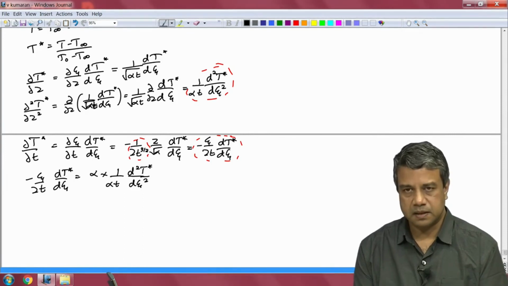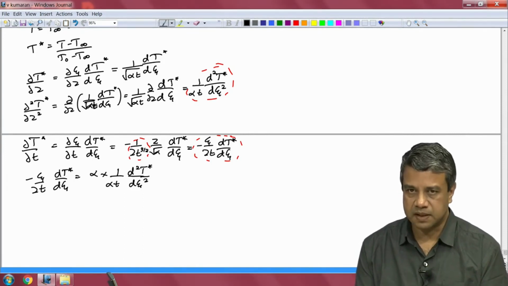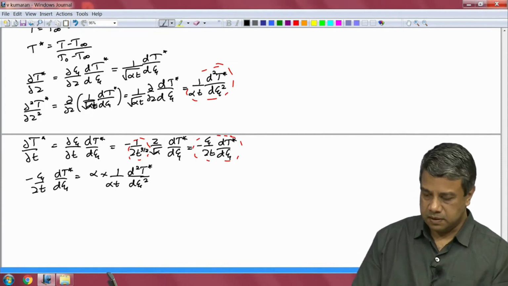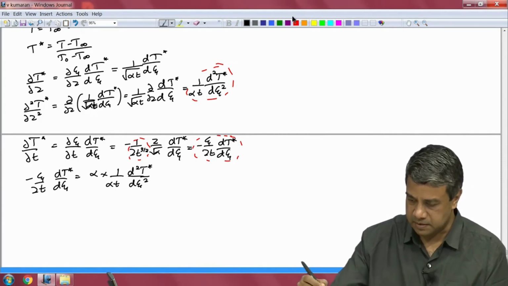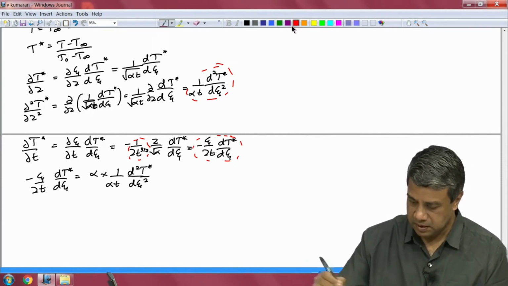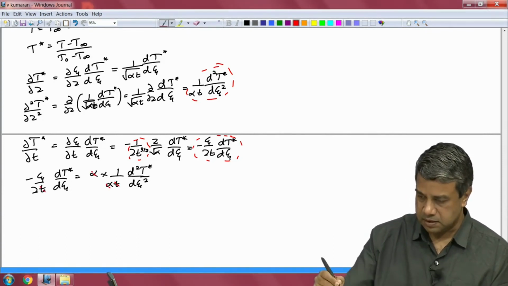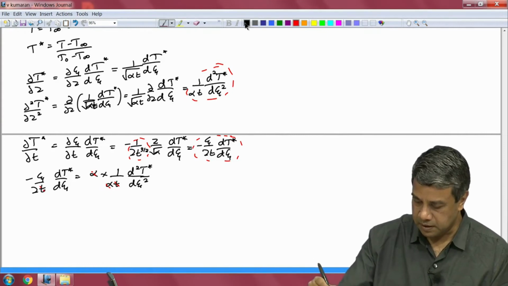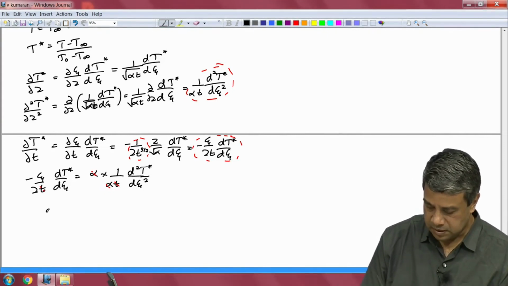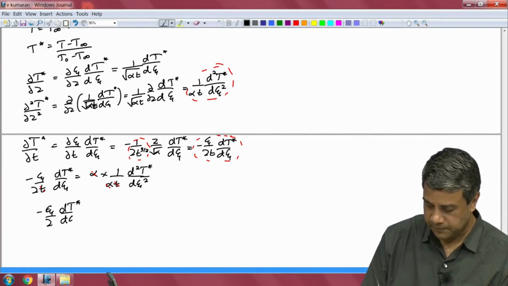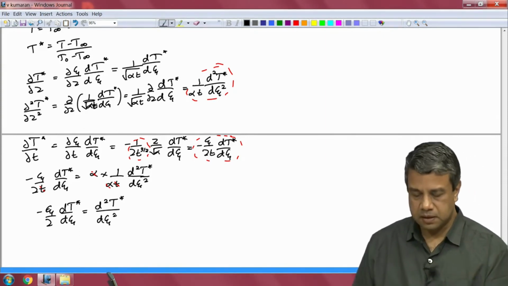So I have just substituted the expressions for those, and you can see alpha and alpha cancel out, t and t cancel out, and the final equation is minus psi by 2 dt by d psi is equal to d square t by d psi square.